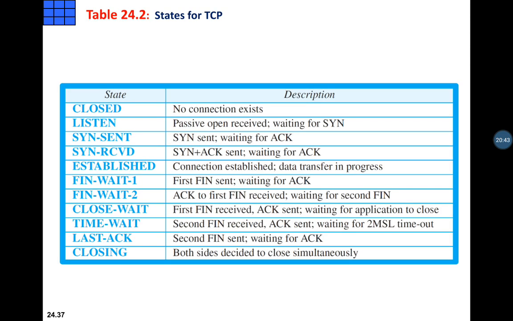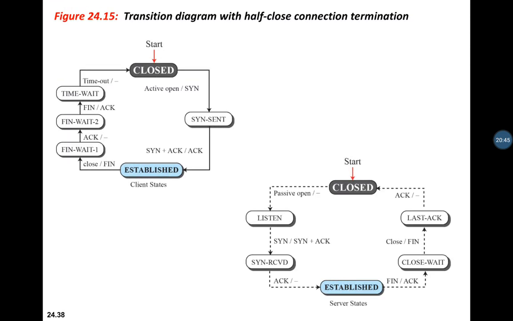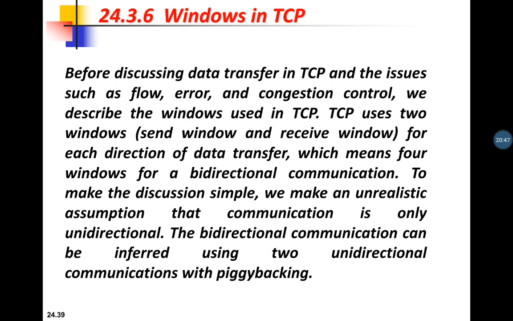Next, the next topic is about windows. Before discussing the next topics, TCP flow control, TCP error control and TCP congestion control, which are three very important topics that will be covered in the next classes, we describe windows.